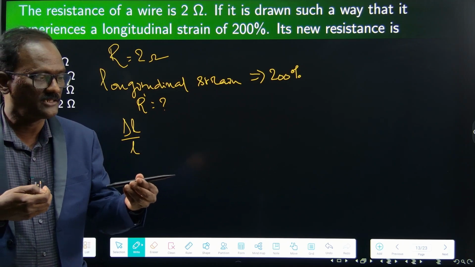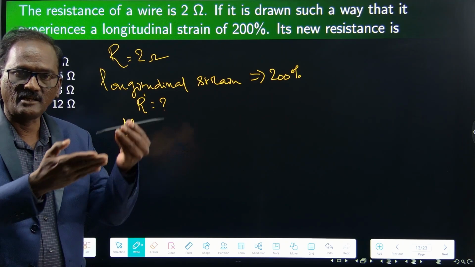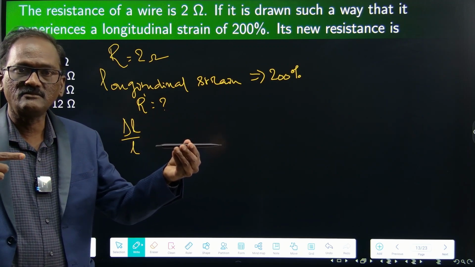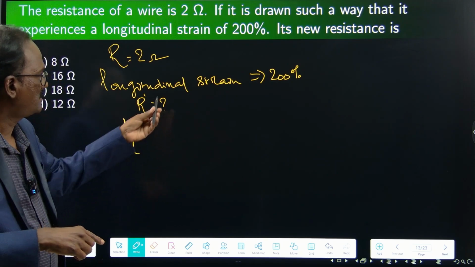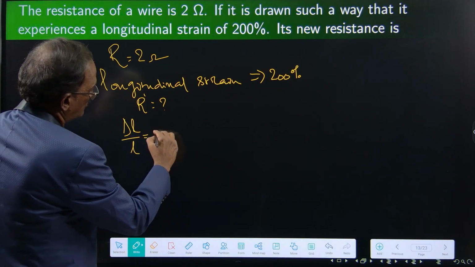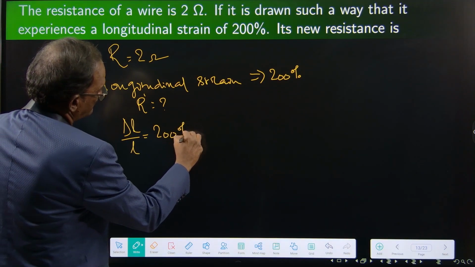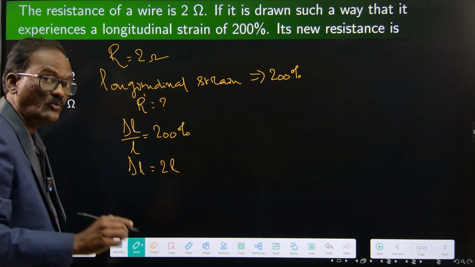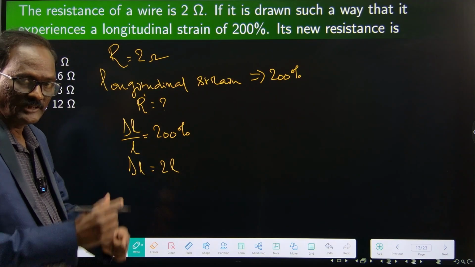You are stretching that. Assume it is already 1 meter and you are stretching it at 200%. The delta L is now 2 times more, right? That is the meaning of longitudinal strain. Delta L by L is 200%, or delta L is equal to 2L. Only the change is 2L, not the entire length.